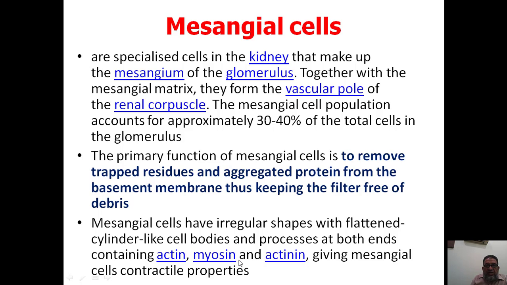Having actin and myosin filaments gives mesangial cells contractile properties. So they act as scavenger cells. They remove the debris within the filtration areas.